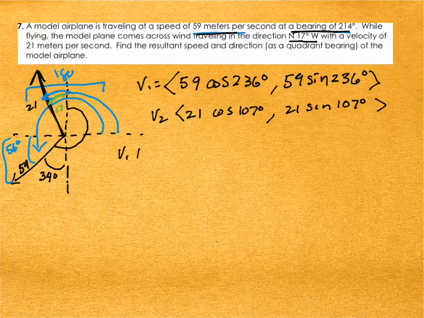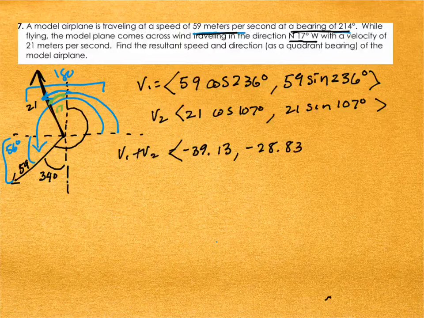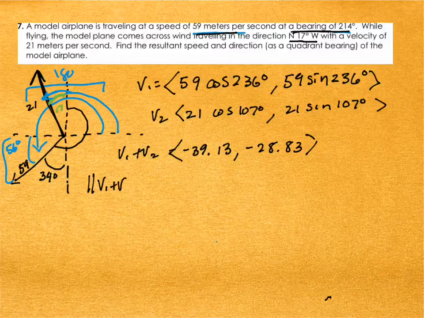Okay, V1 plus V2, add those together, guys. So I got negative 39.13 and negative 28.83. So now we're going to get the magnitude of V1 plus V2. Keep doing the same thing, guys, so we should be good at it by now, right?